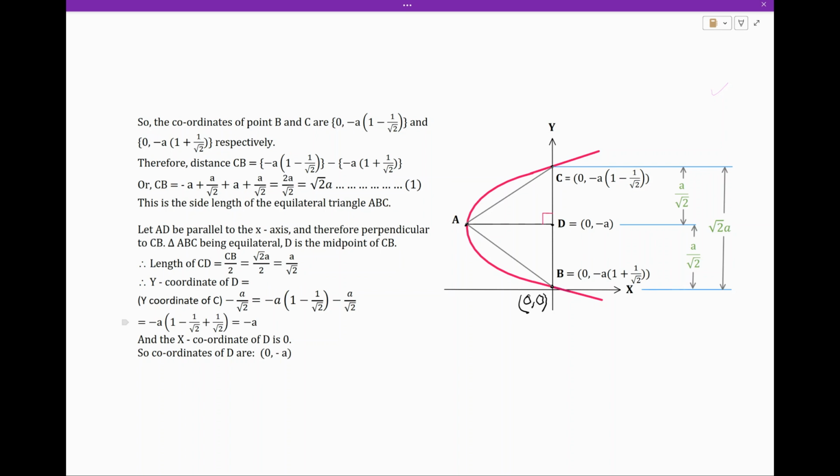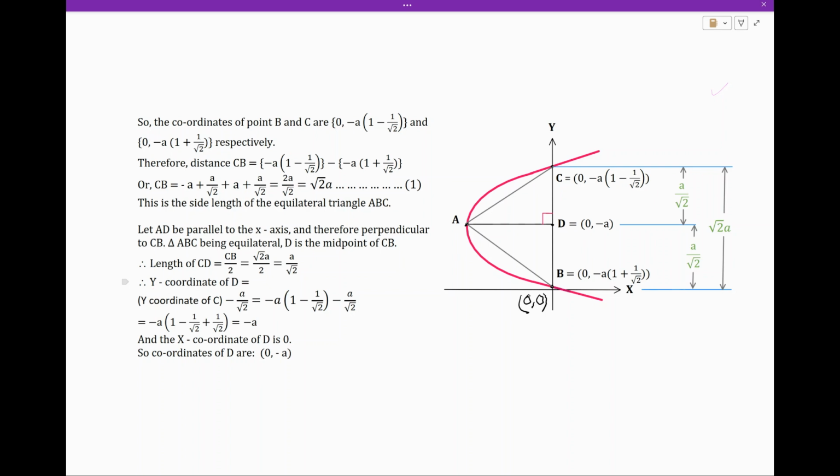Now let us find out the y-coordinate of D. How do you do that? We do that by taking the y-coordinate of C and we subtract from it the distance of CD. Then you get the y-coordinate of D. Remember, D is also on the y-axis, therefore its x-coordinate is 0.